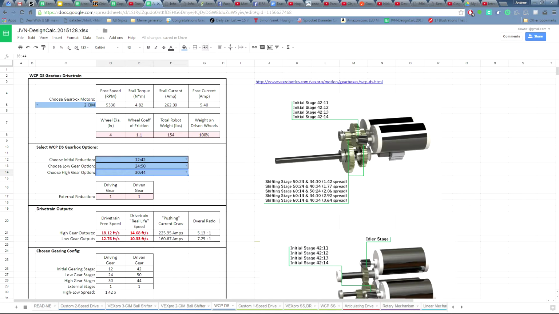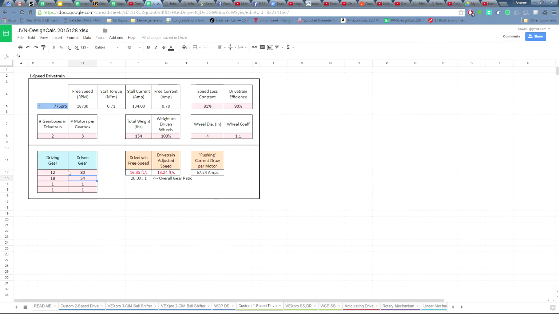The second stage, and you can see that cluster gear, the 42 tooth, is on the same shaft as two other gears. That's going to be your high and low gears. So your second stage starts on the same shaft as your first stage ends. You're done with that, you just go on to your third stage, and that's essentially how stages work.